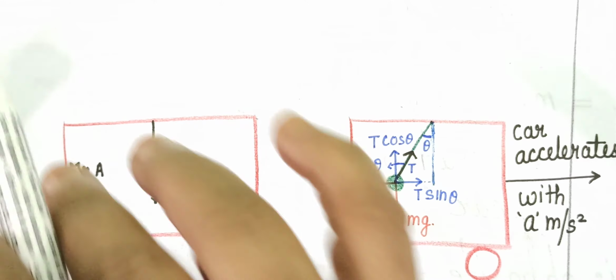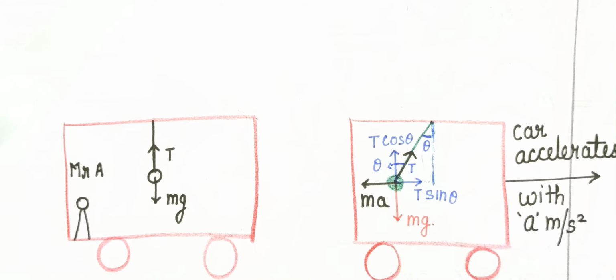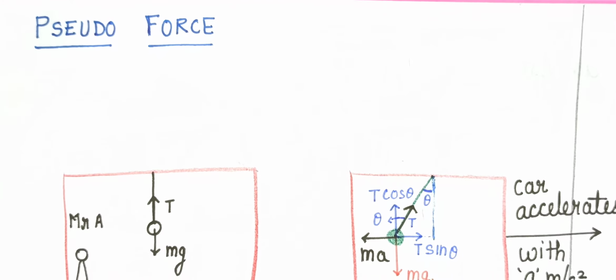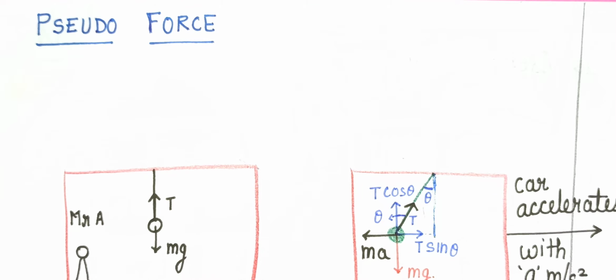Pseudo force is a force whose source is not known. We cannot explain from which contact or from which non-contact field this force originates. That is why it is called pseudo force or imaginary force.